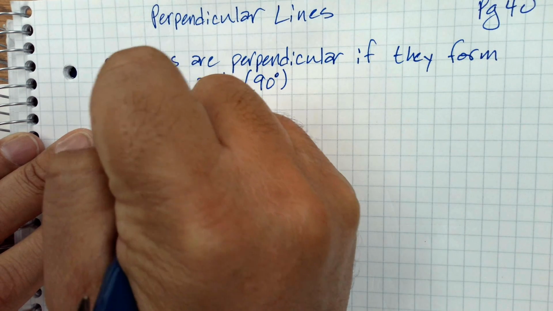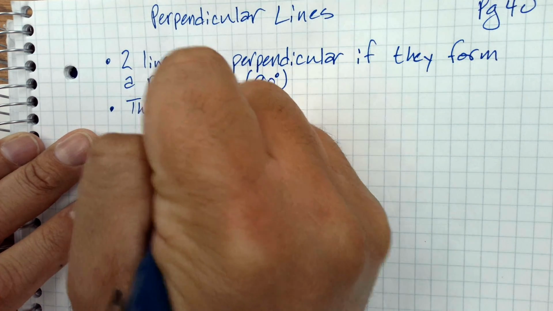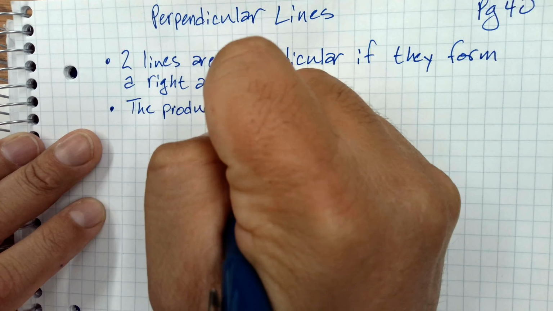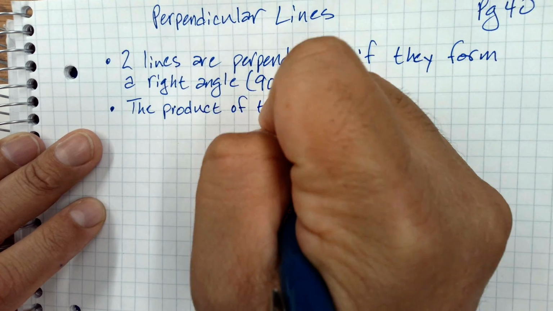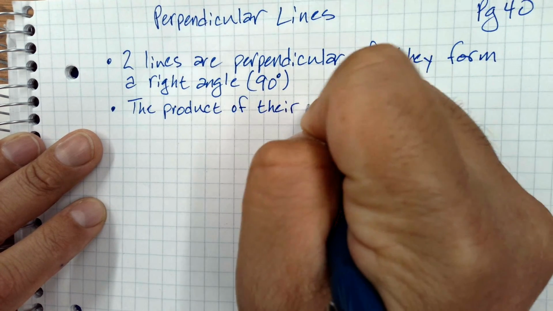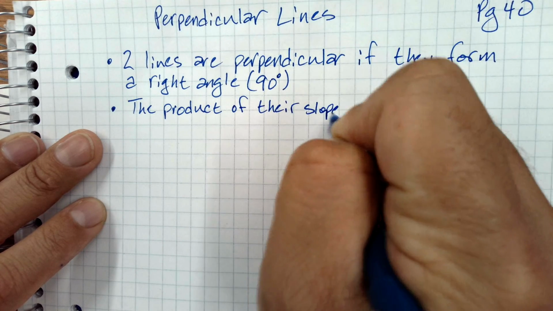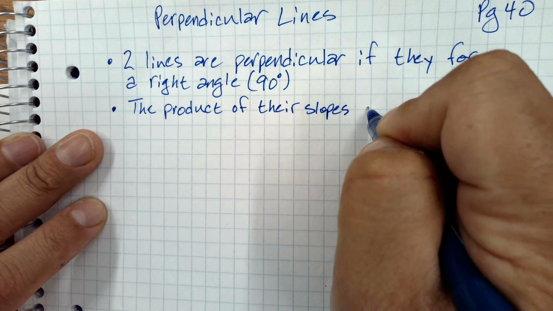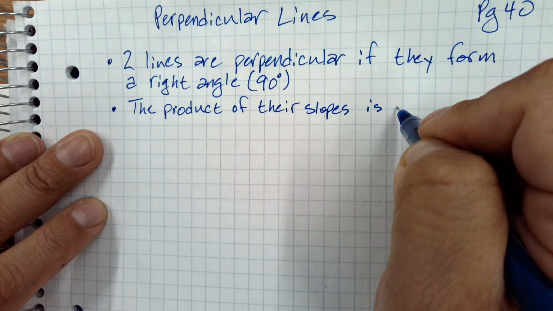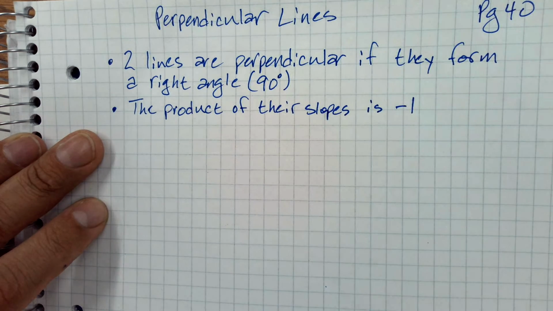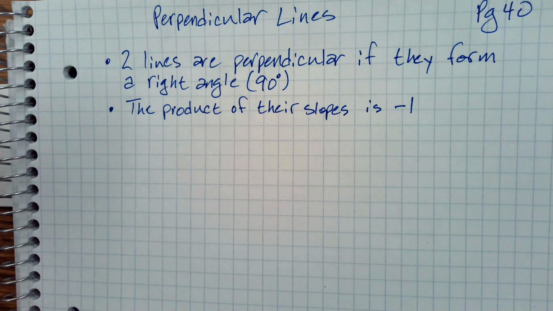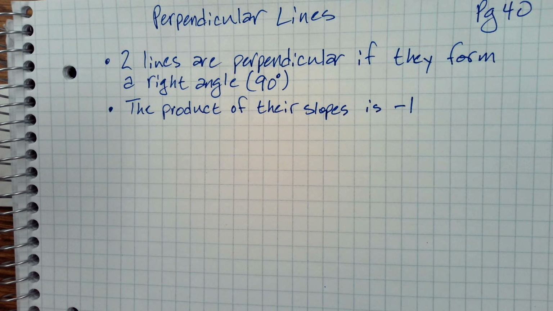The product of their slopes is -1. So that means the two lines have to have the following qualities.